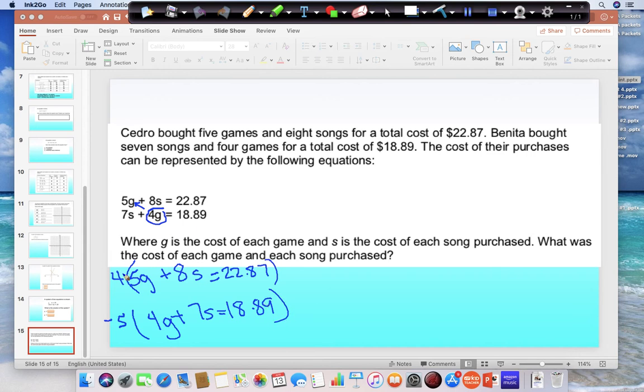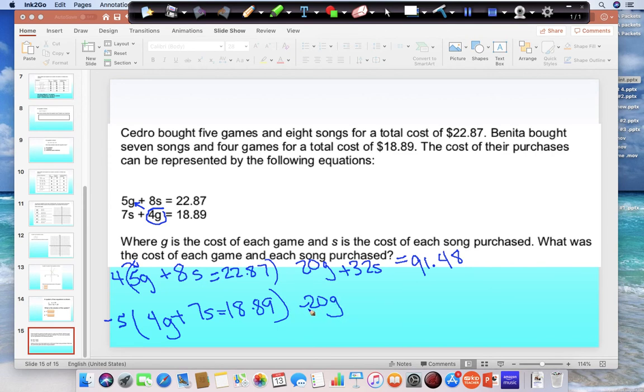Okay, so when we use the distributive property, 4 times 5G gives us 20G. 4 times 8S gives us 32S. And 4 times 22.87 gives us 91.48. Negative 5 times 4G gives us negative 20G.